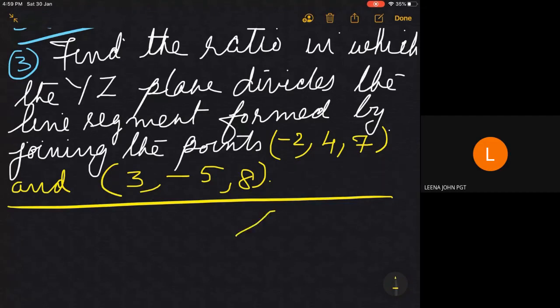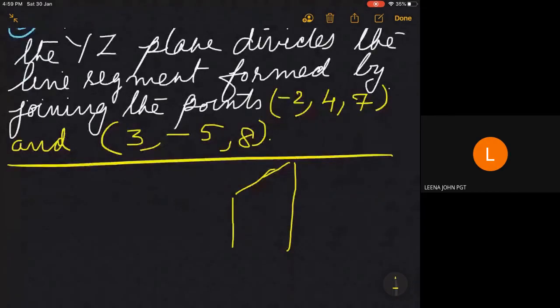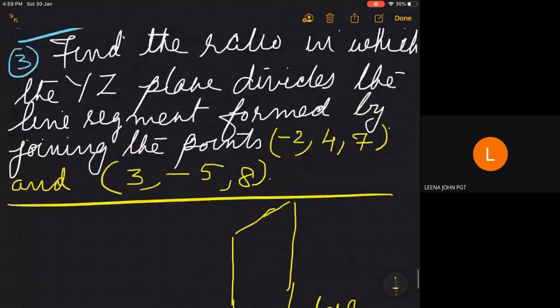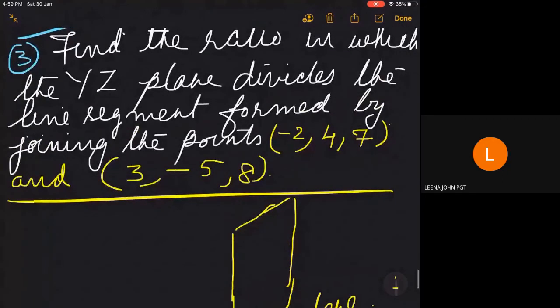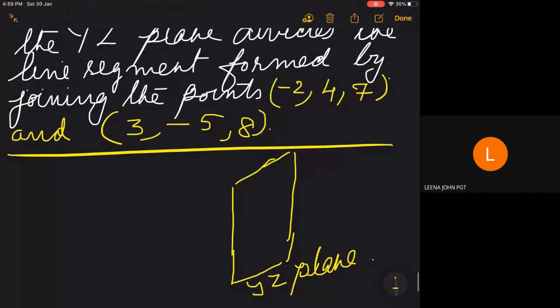This is your YZ plane. And find the ratio in which the YZ plane divides a line segment formed by the 2 points.